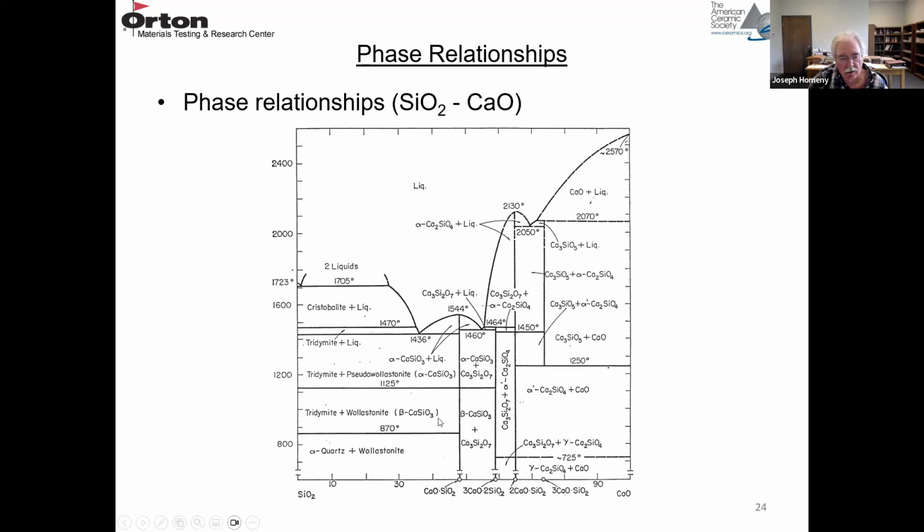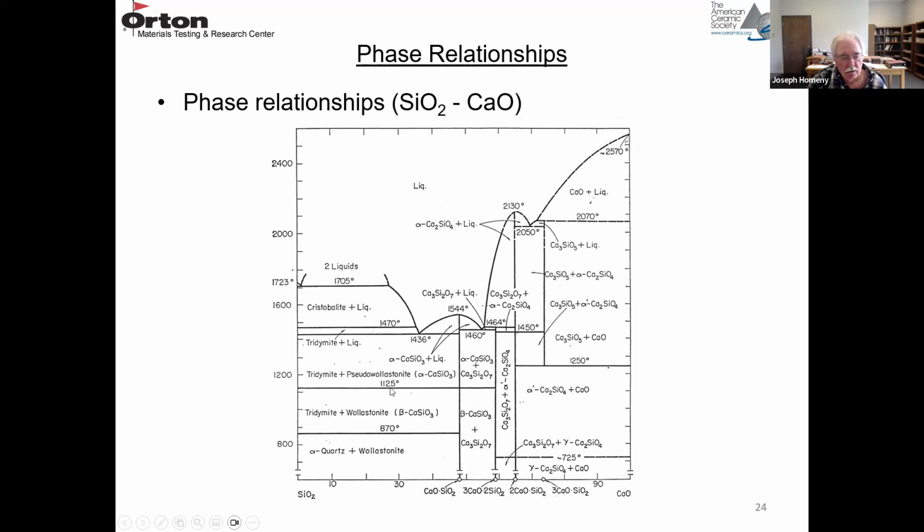Wollastonite is this calcium silicate, CaSiO3. And at 870 degrees C, theoretically you have tridymite, and these are equilibrium phase diagrams. So to construct a phase diagram from powders, you'd have to hold it a long time to go from quartz to tridymite. But from 870 to 1125, you have tridymite and wollastonite, this calcium silicate.